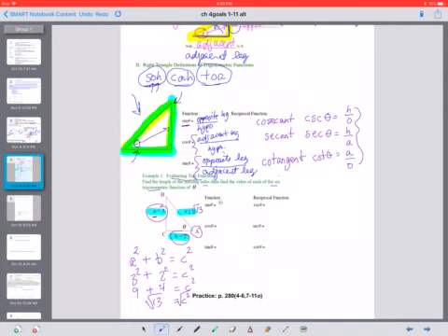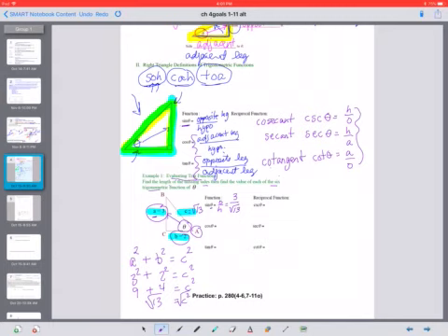We know that sine is opposite over hypotenuse. The sine of angle theta is opposite over hypotenuse. Here's angle theta. The leg opposite theta is 3. Our hypotenuse is root 13. At this time, you do not need to take your time to rationalize.